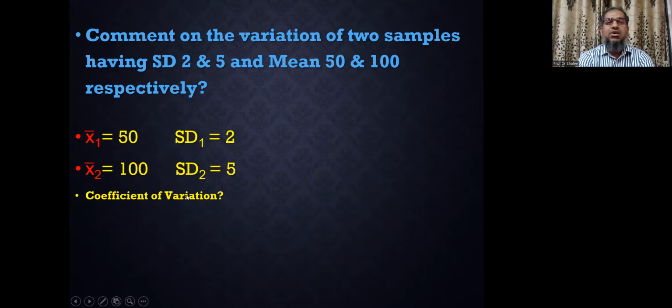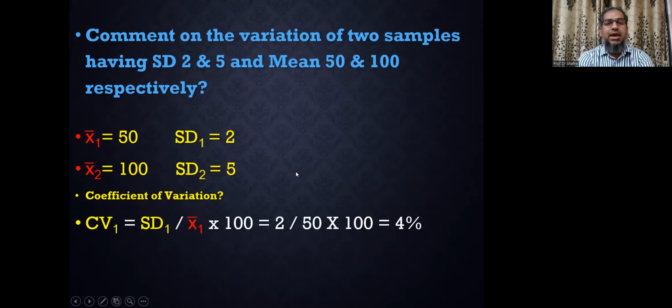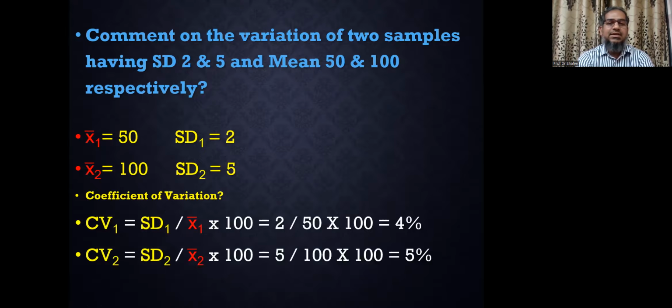We need to calculate the coefficient of variation for both samples. So we have to put the values in the formula. 2 by 50 into 100 is 4%, and the coefficient of variation for the second sample is 5 by 100 into 100, which is equal to 5%. So which sample has more variation? The second sample has more variation. So like this, we have to calculate the coefficient of variation and comment on it.